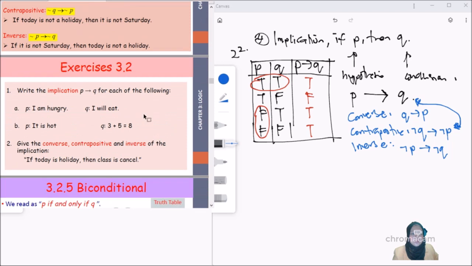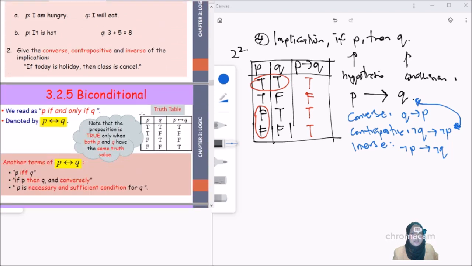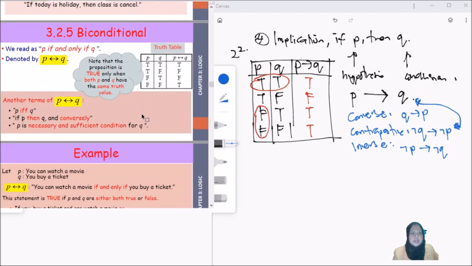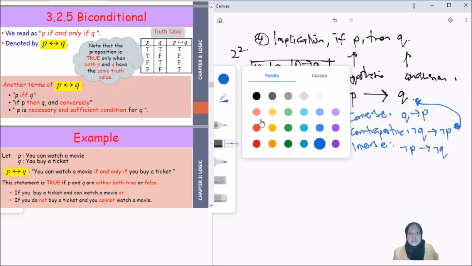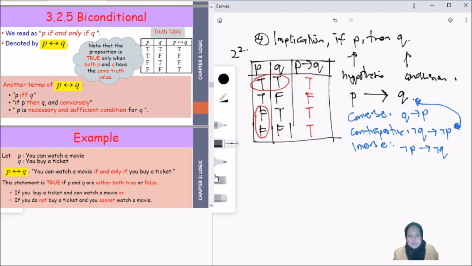Then we move on to the last type of logical connective, which is the biconditional. Okay, number 5. Five is the biconditional.